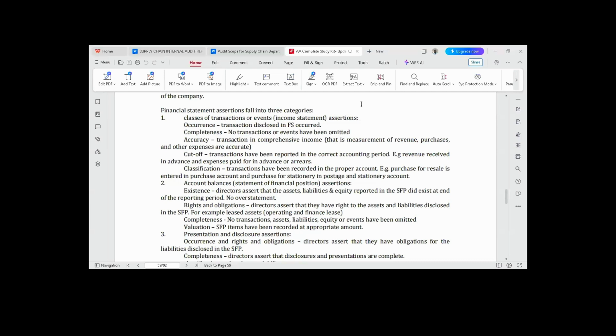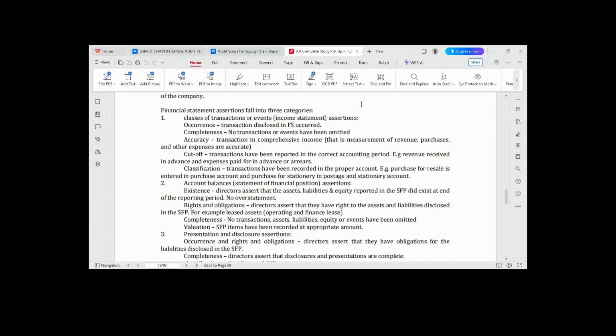Your statement of financial position. Do you understand? Now, another thing the auditor will be testing under that asset is to be sure that you are the owner of the asset, the proof of ownership. If the asset is a leased asset, right? The auditor will ask for what? The lease agreement. The lease agreement that gave you the right to use this asset.